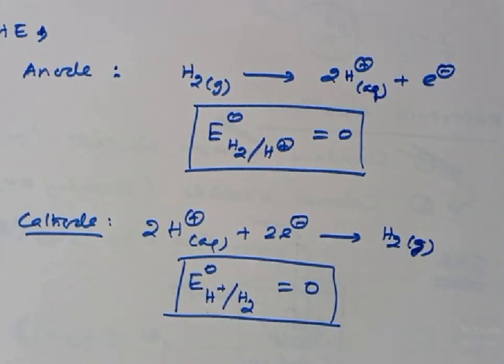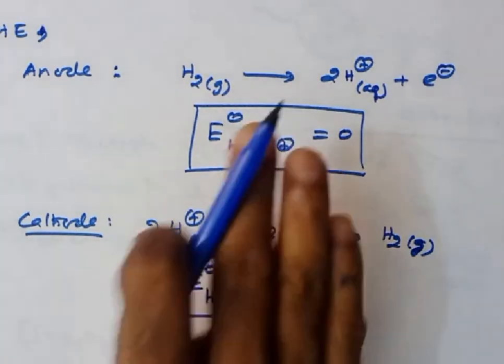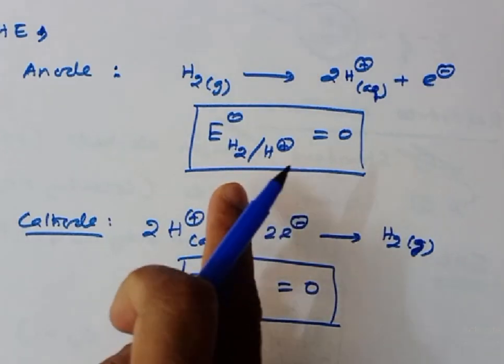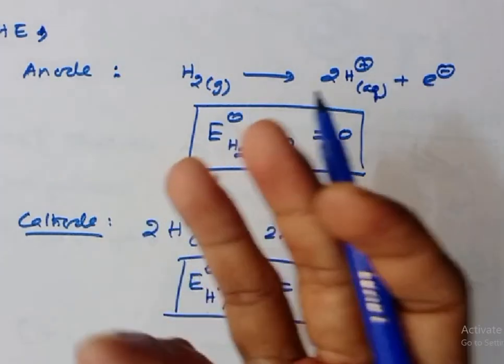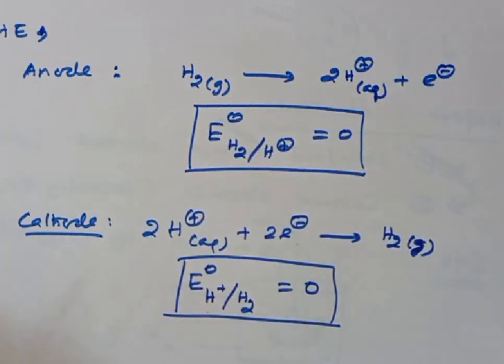Actually this value is not 0, there may be some value, but to find the individual electrode potential, people fixed the electrode potential for one of the electrodes as 0, and they have chosen hydrogen for this purpose.